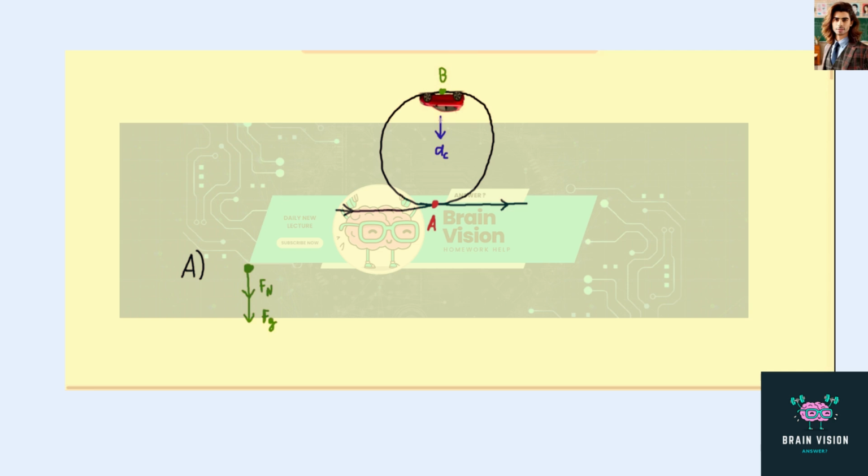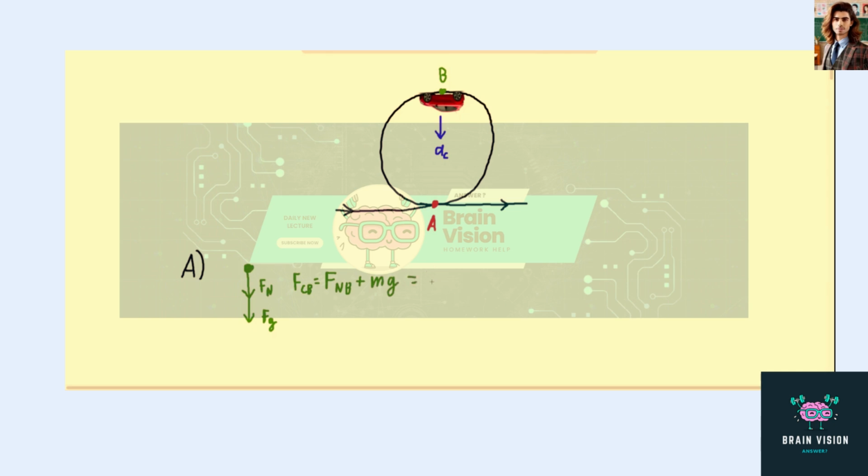And since it is accelerating with a centripetal acceleration, then we know that the centripetal force is made up by these two forces. So centripetal force at point B is equal to the normal force at point B plus force of gravity, which is the mass of the car times gravity.